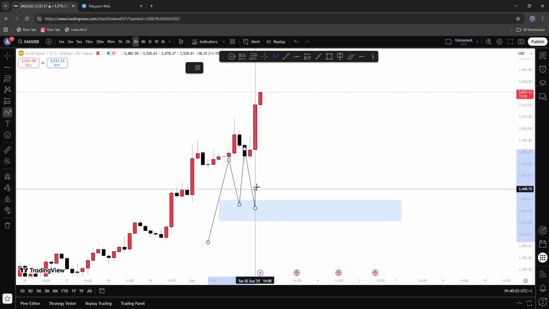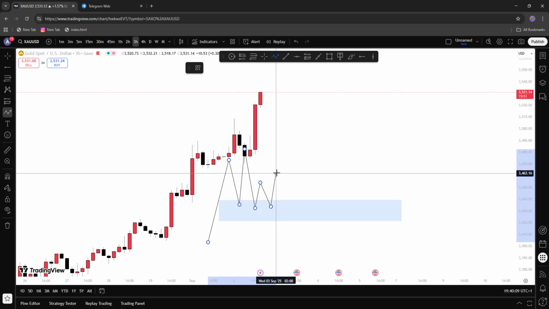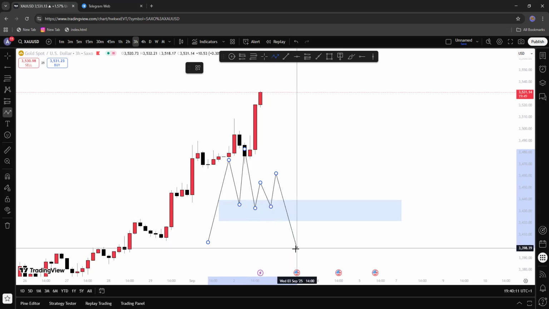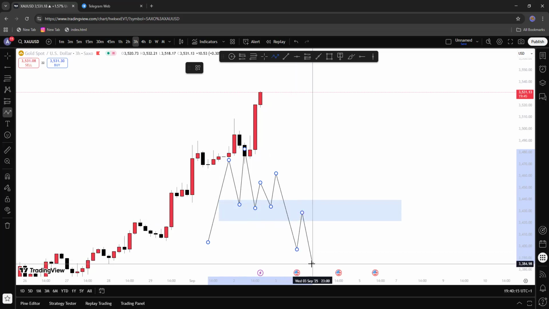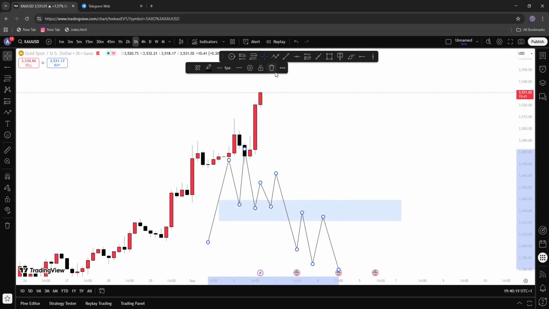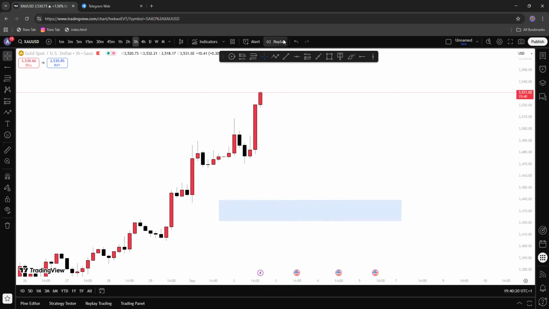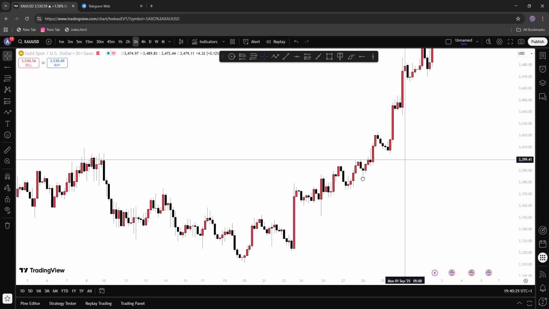If price comes here, we can see a reaction to maybe not a new high, just here. Even if price breaks it, if price comes back here again, we can see a reaction. So it's basically places in the market where price tends to react from. That's what key levels are.